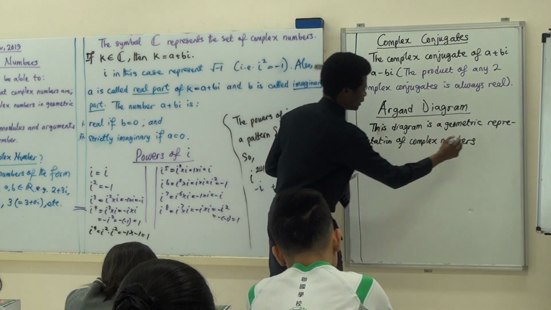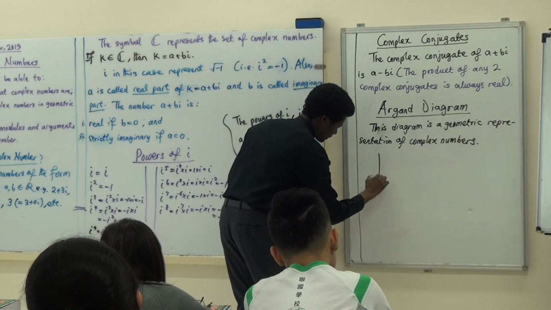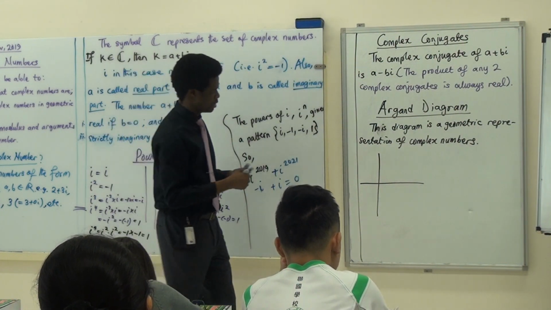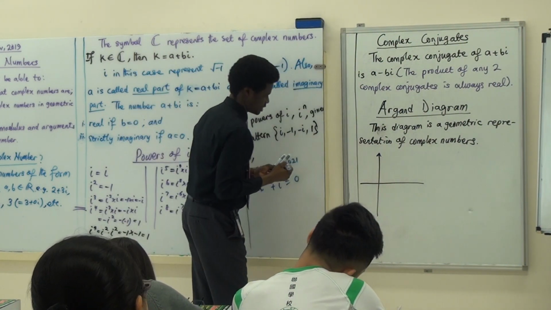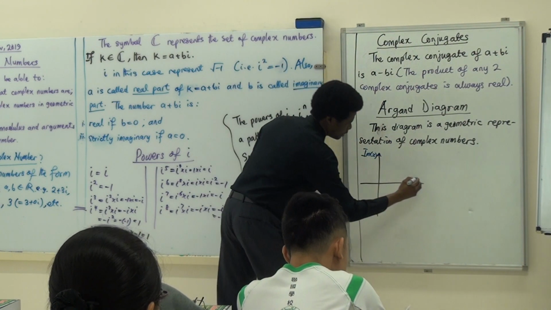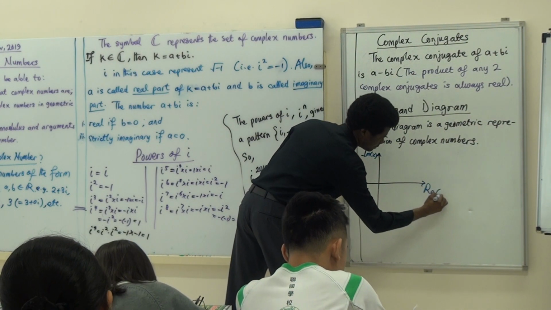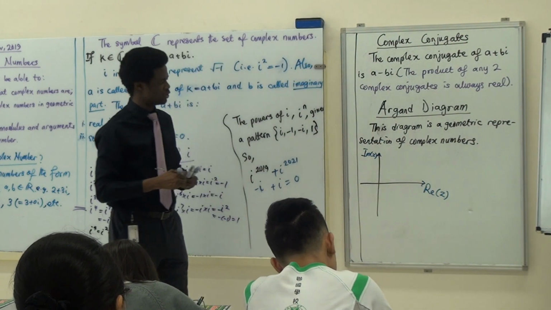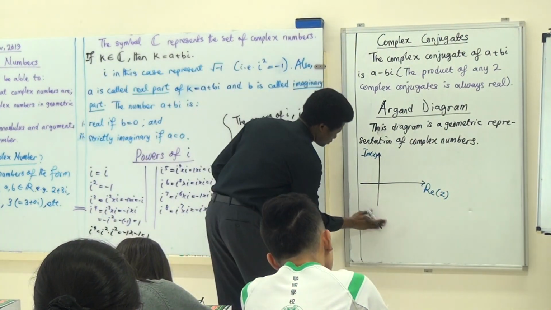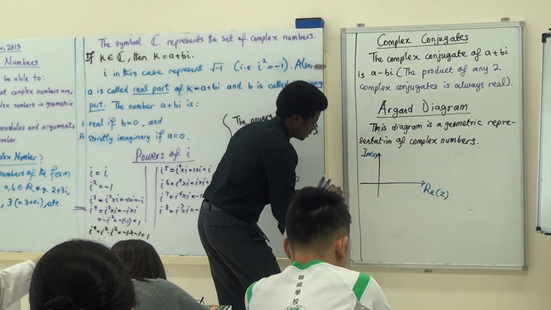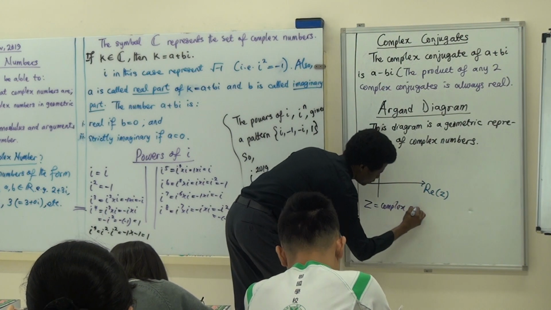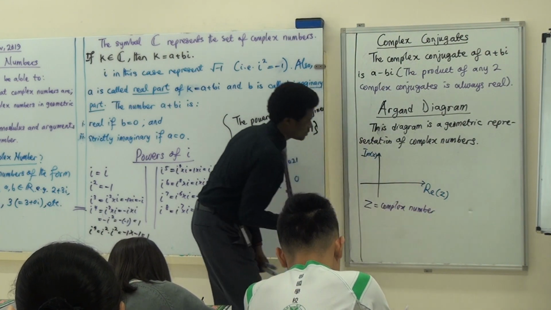So basically, we have our x and y axes just like we usually have. But our y axis this time is the imaginary axis, the imaginary part of z, and this is the real part of z. What I mean by Re is the real part of z. Z is the complex number. It's a general representation of z.